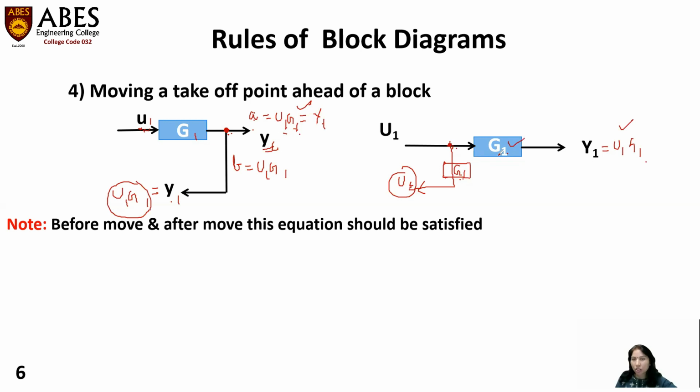Suppose in this block g2 is written, so we will write down g2. So we have to add one block having the gain of this block, right? So this is moving a takeoff point ahead of a block. This is rule number 4.